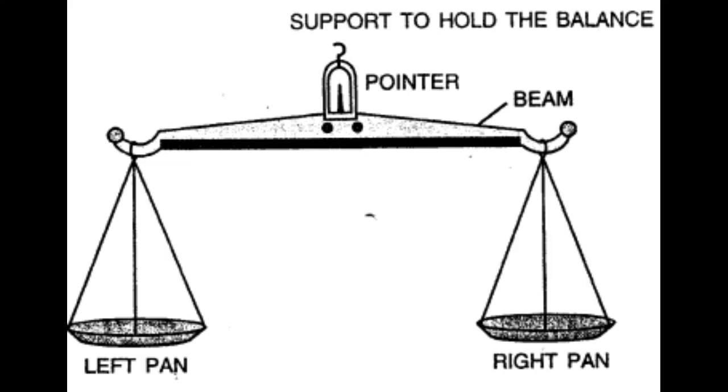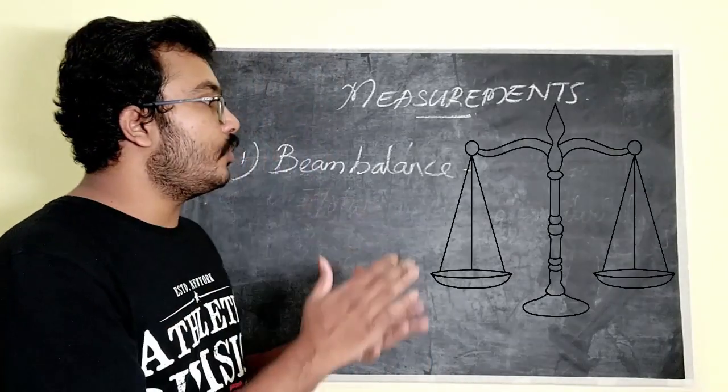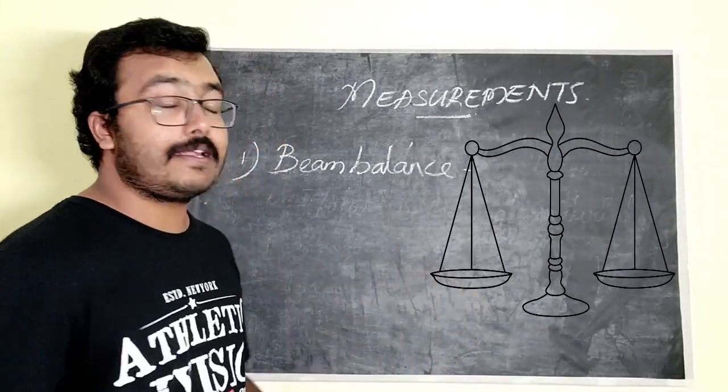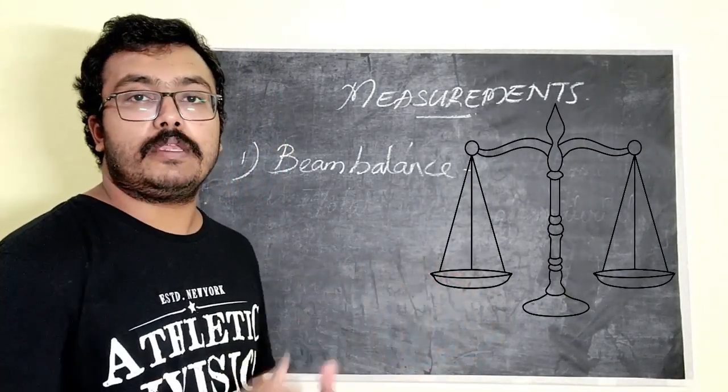A pointer is attached to the center of the beam. They have got two pans suspended from both ends of the beam.